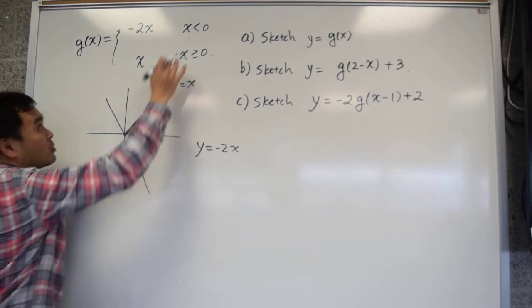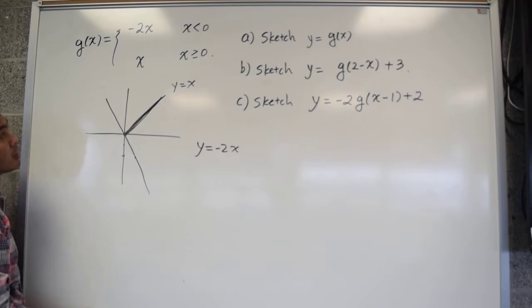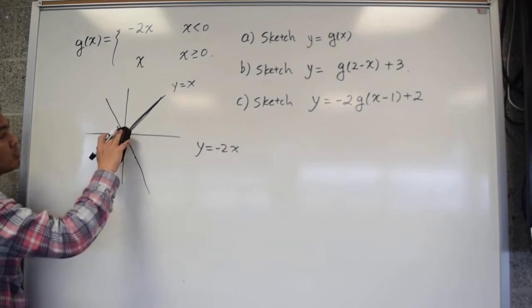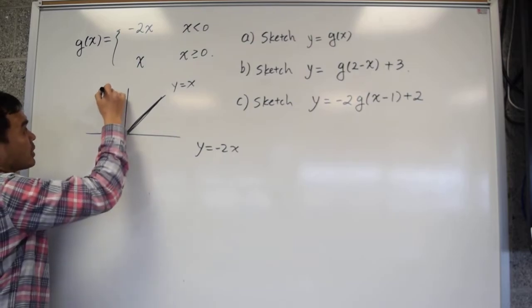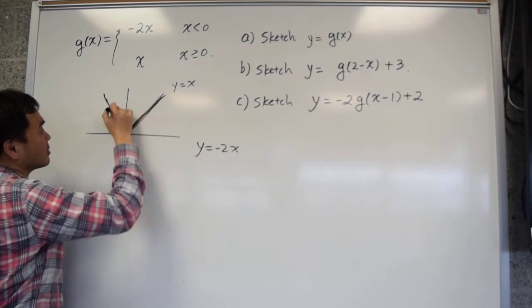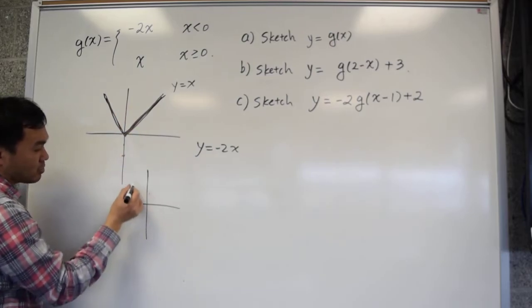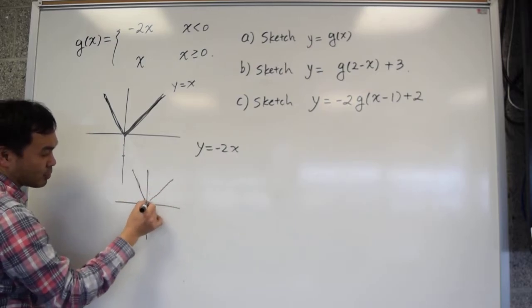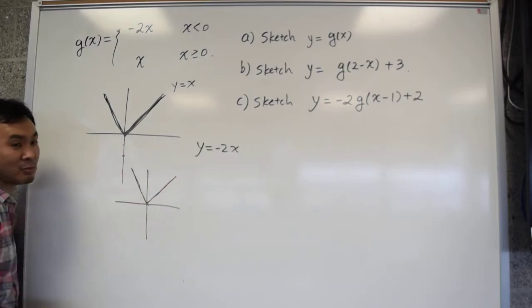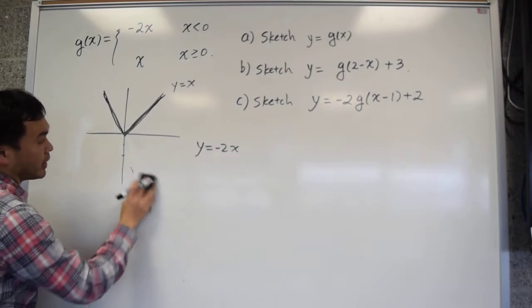After 0, only this is valid and this is not valid. So you end up with a graph like this. It's like a V shape, but a little crooked because the left side is steeper than the right side. The right side is just 45 degrees. So that's the answer for A.